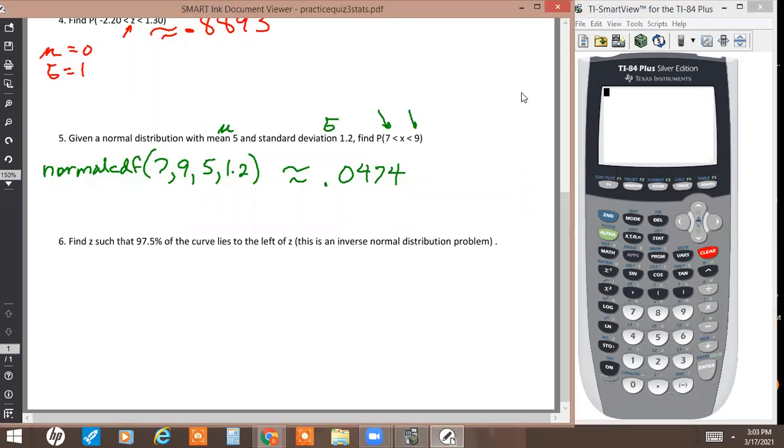Last problem. Find Z such that 97.5% of the curve lies to the left of Z. This is an inverse normal distribution. The inverse normal distribution is mentioned starting at the bottom of page 305.